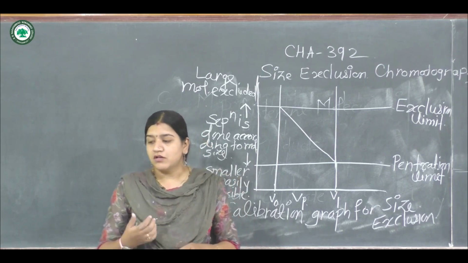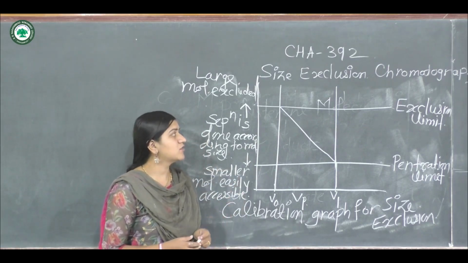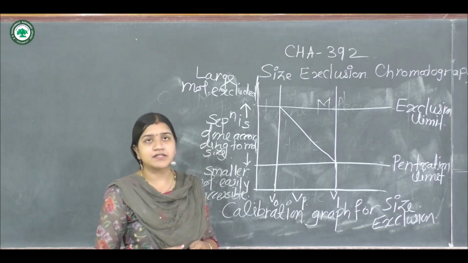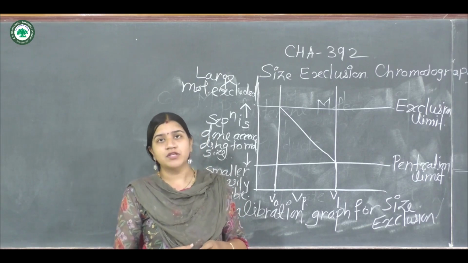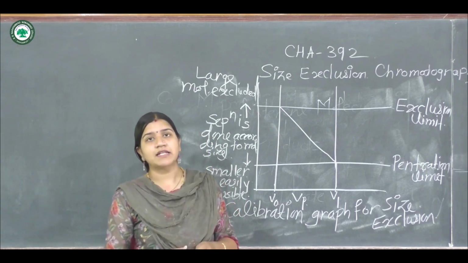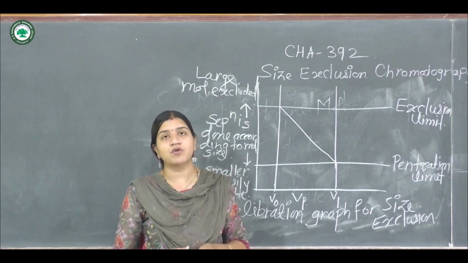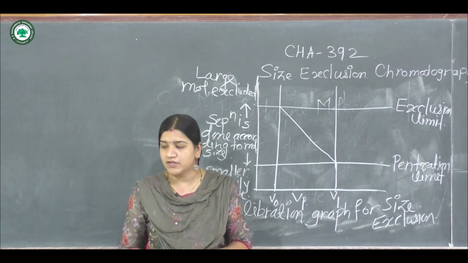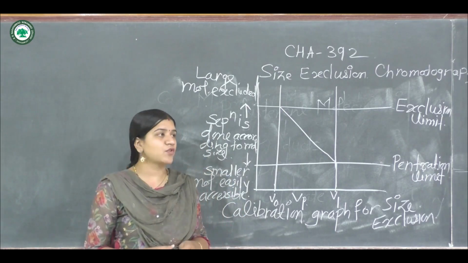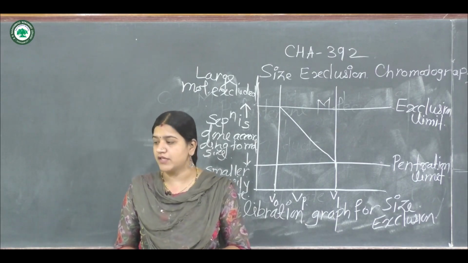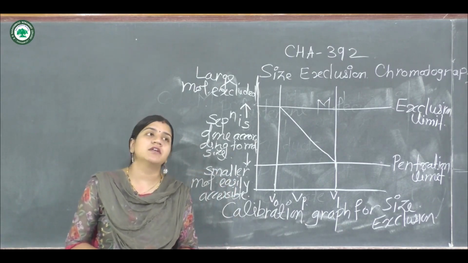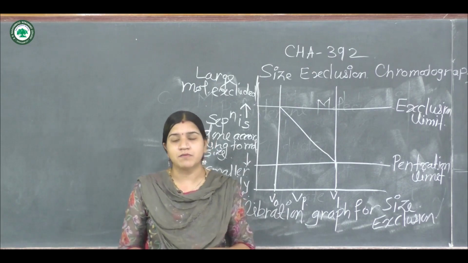So for size exclusion chromatography, the penetration limit, the exclusion limit, and whether the molecule given for the analysis is accessible through the pore volume or not, is very important. Apart from this, there is no interaction between the stationary phase and the mobile phase of a material.